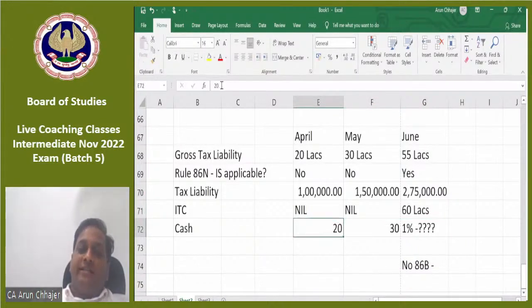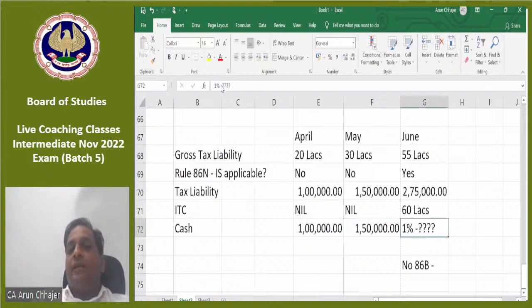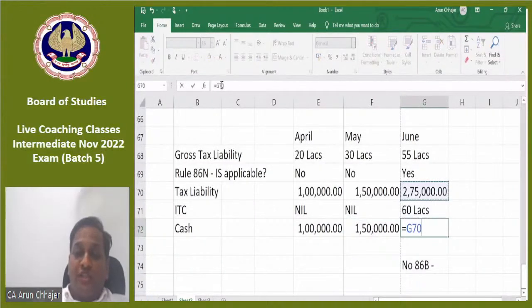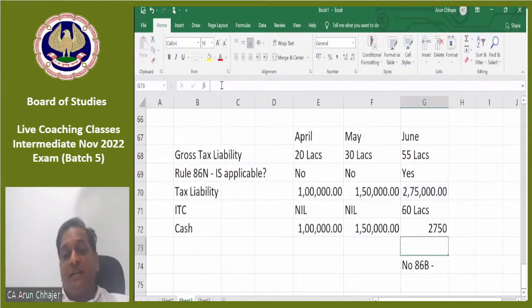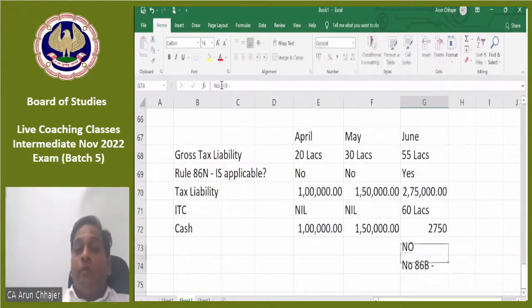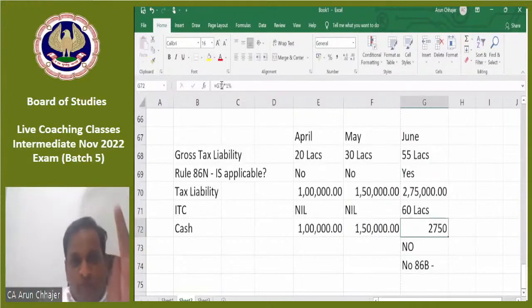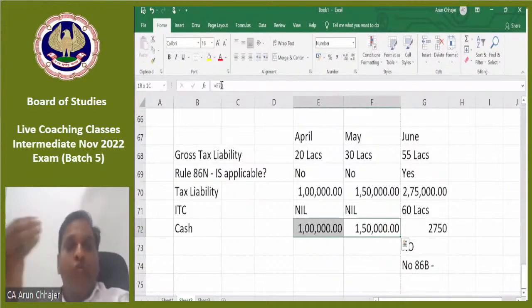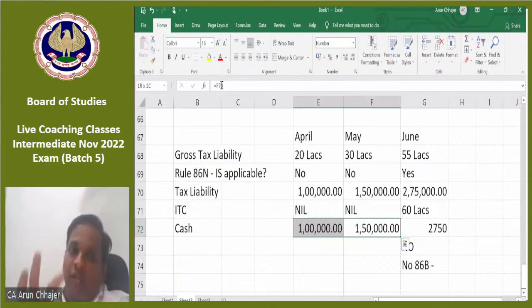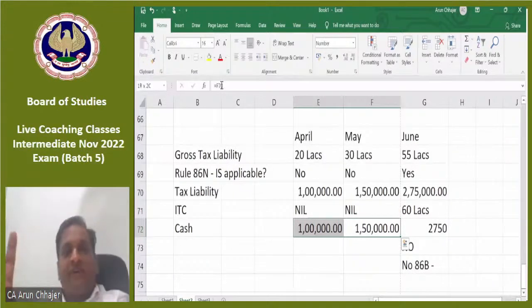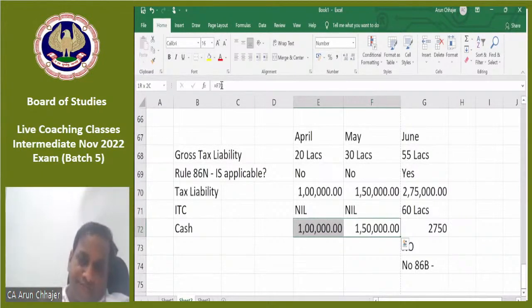He has no ITC, so the entire 1 lakh has been paid in cash. The entire 1,50,000 has been paid in cash. So now the question is whether he is required to pay 1% in cash. The answer is no. Why no? Because he is required to pay 2750, but he has already paid more than 2750. Cumulating all the periods, he has already paid in the financial year more than 2750. Therefore, no requirement. Is it clear?